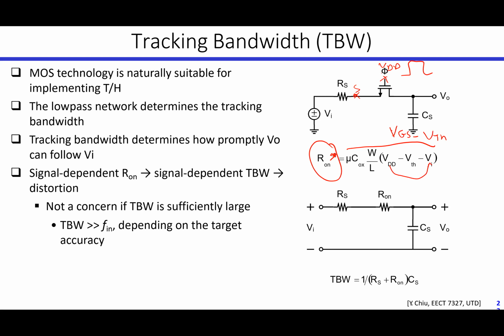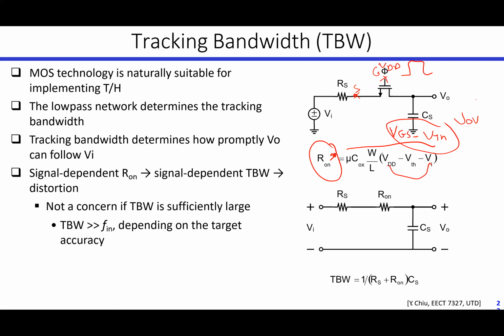So VGS is VDD minus V input, and minus V threshold gives the overdrive voltage of the switch, multiplied with mu n COX and W over L, the width and length of the switch.